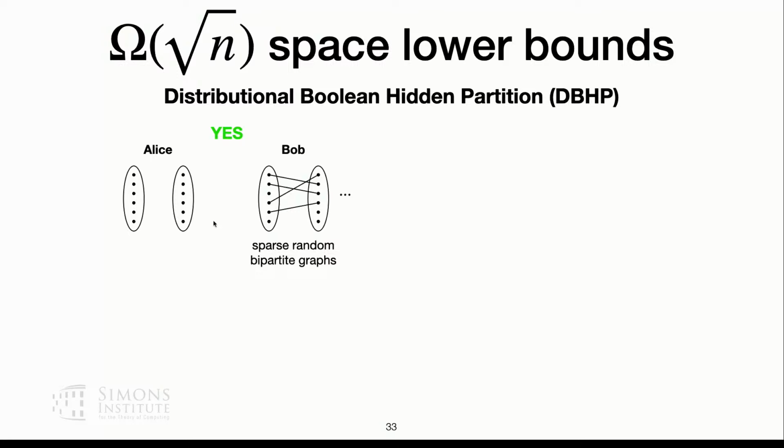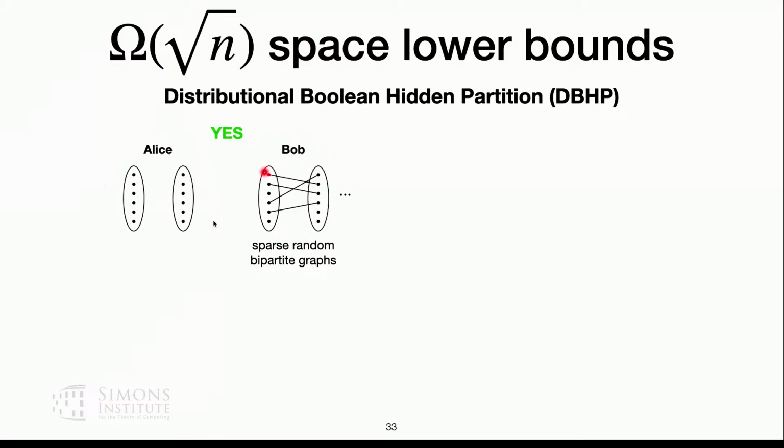So this is a game where you have two kinds of instances, and there are two players, Alice and Bob. They don't know which instance they have, and they have to, using some minimal communication, be able to tell one instance from the other. So in the yes case, Alice gets some random partition of a graph, and Bob gets a union of some sparse random bipartite graphs respecting this particular partition. So Bob doesn't have any idea what the partition is.